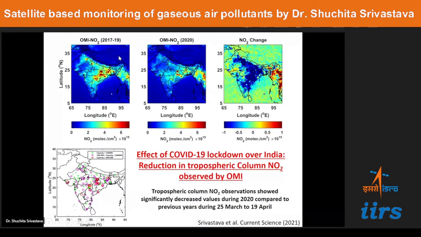Now, we have gone back and calculated the average of OMI NO2 during the same period for previous years, 2017 to 2019. The 3-year average is shown in this picture. So you can see very high pollution levels in previous years.